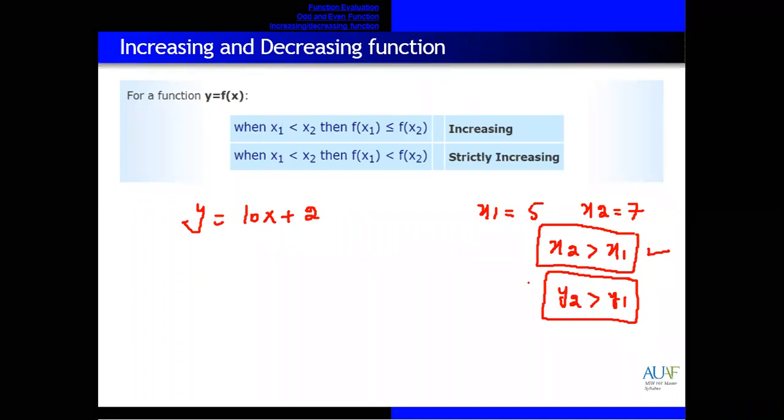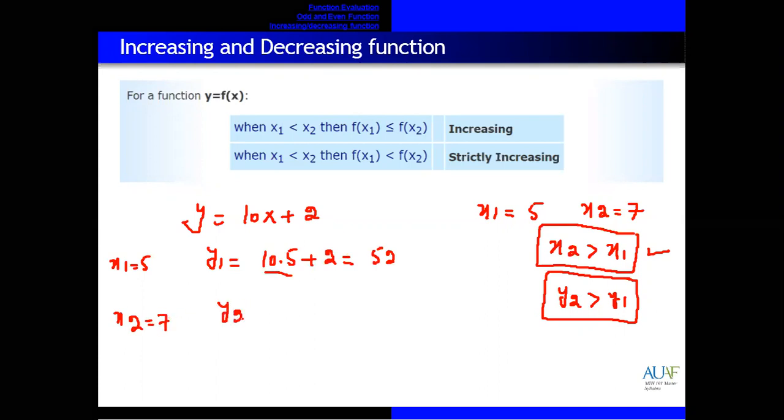Now what about this one? So x1 = 5. What will be the first function value? y1 = 10 × 5 + 2. 10 fives are 50, plus 2 equal to 52. That is y1. Now x2 = 7.